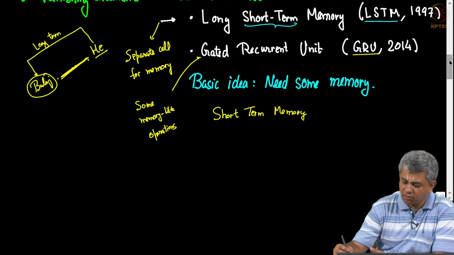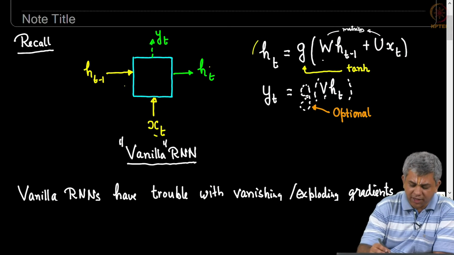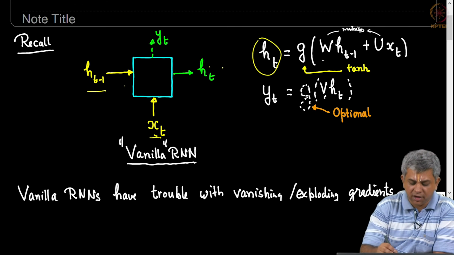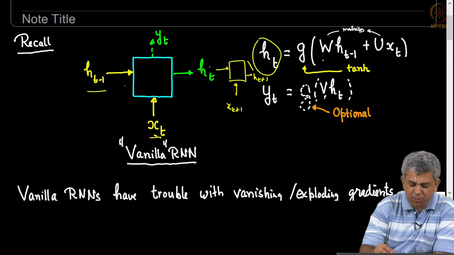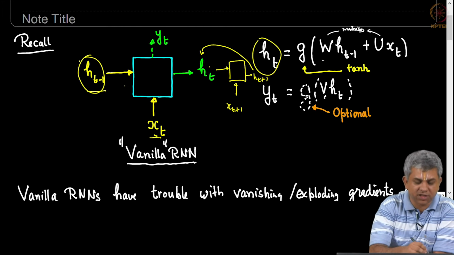So just to explain, and I will show this mathematically shortly, if you see here ht depends on ht minus 1 and xt, and when I move on to the next unit, ht plus 1 explicitly depends only on ht, and it has completely forgotten ht minus 1.